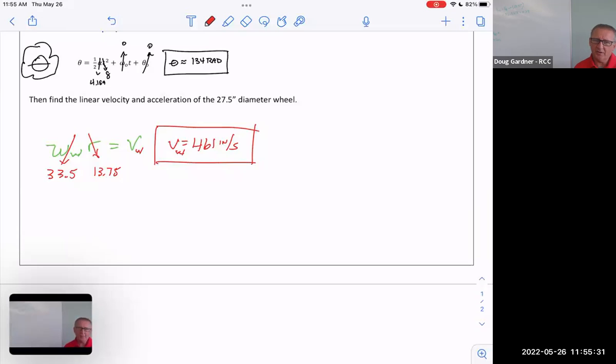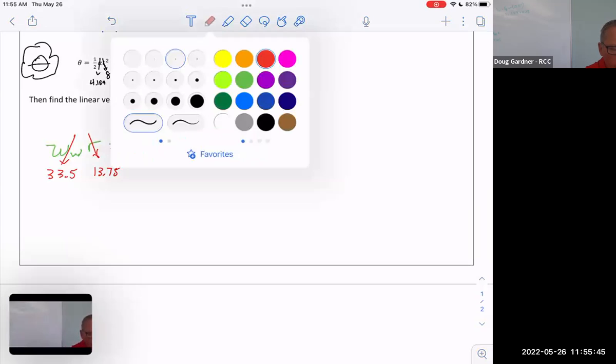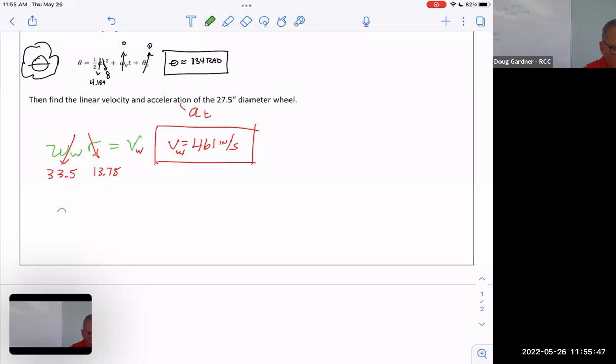Again, I find myself thinking, okay, linear acceleration, that's a of t. And so I'm just thinking, do I have any formulas that had a of t in them? And frankly, I don't remember. But then I look back and go, oh yeah, I did. We said that the conversion between linear acceleration and angular acceleration was, oh, all you got to do is multiply by r.